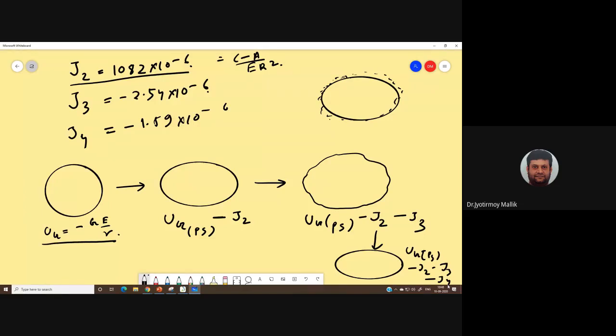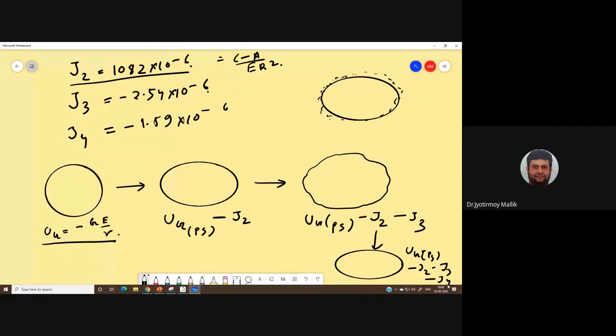So the value of J2 is exponentially higher than J3, and then the difference between J3 and J4 is not that much. If you calculate J5, the difference will be even lesser, but the difference between J2 and J3 is quite significant.